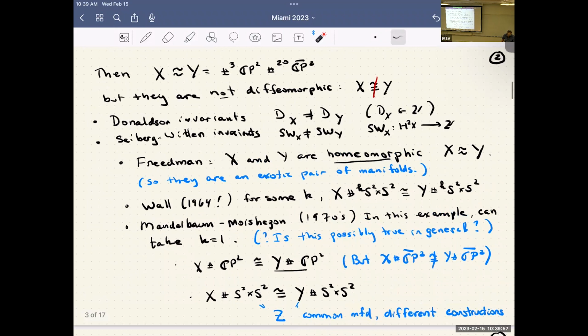And the thing I want to point out is, let me give the thing that they're both diffeomorphic to. I'll just call that Z. So you want to think of this one manifold Z with two different decompositions. I could break it up in two different ways where the pieces aren't the same. This is, of course, different from what happens in dimension 3, where there's a unique decomposition into different pieces.